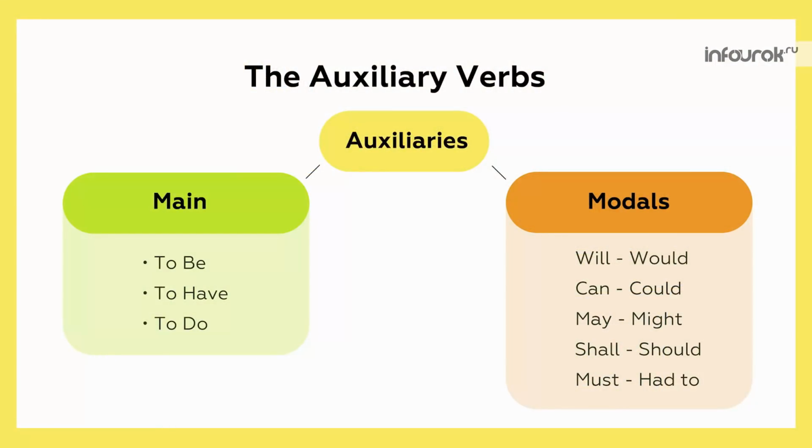These are will, can, may, shall, and must. There are a couple more, but for simplicity's sake, we will stop there. Will becomes would, because it has a past and a conditional function. Can becomes could, may becomes might, shall becomes should, and must becomes had to.